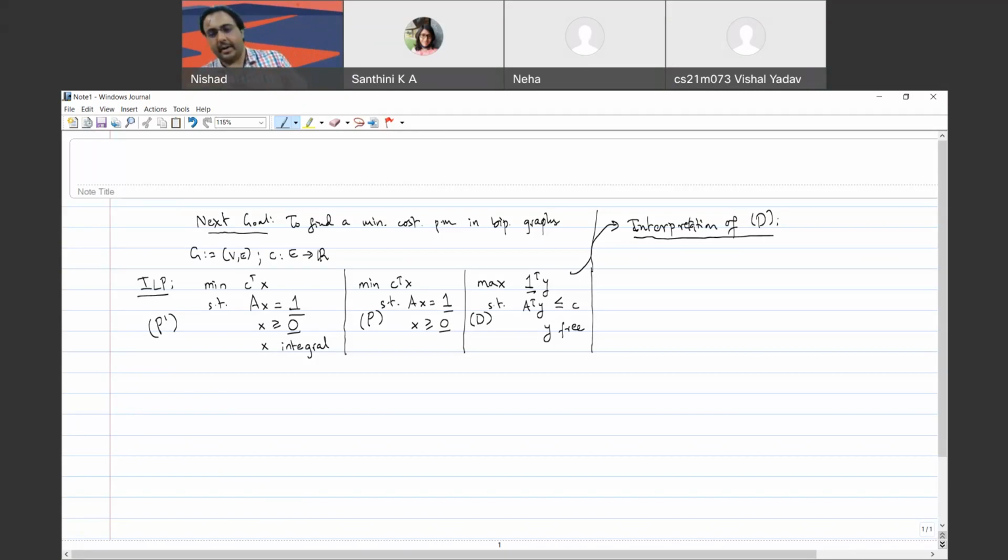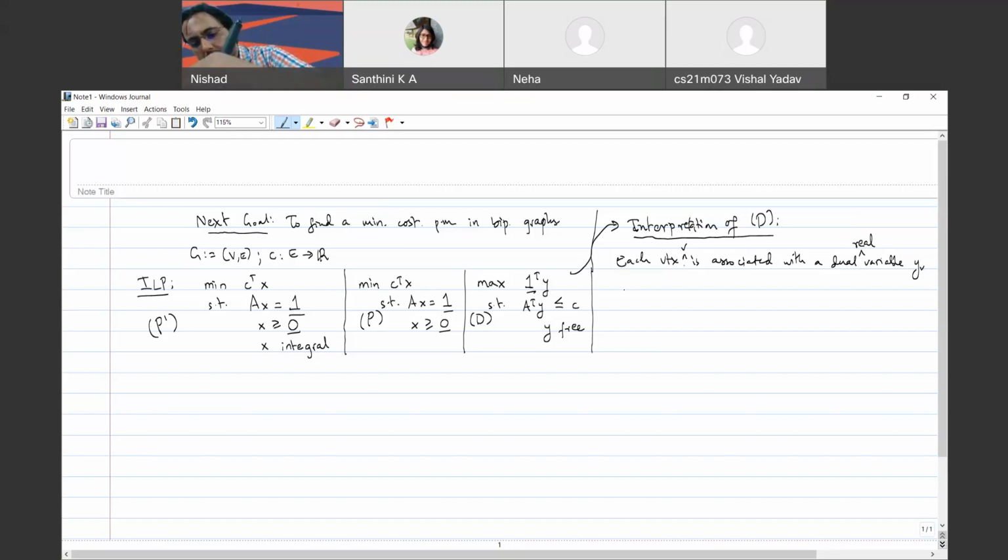Okay, good. All right. So each vertex V is associated with a dual variable, also known as the labels, YV. Let me call it a real variable. It's not non-negative or non-positive. It's just any real number.